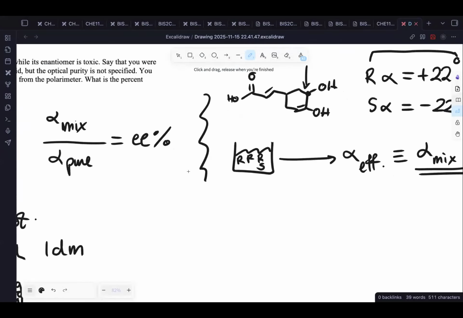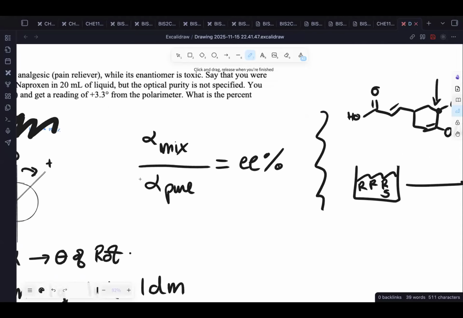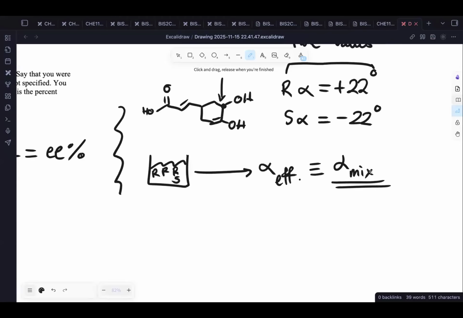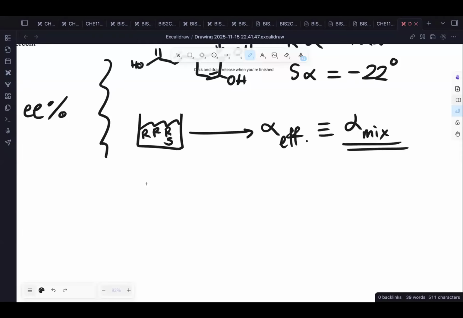What people will say is that the alpha mix, which is the observed rotation of your whole sample, is going to be dependent on a few things. It's going to be dependent on the alpha of your sample divided by the length times the concentration.